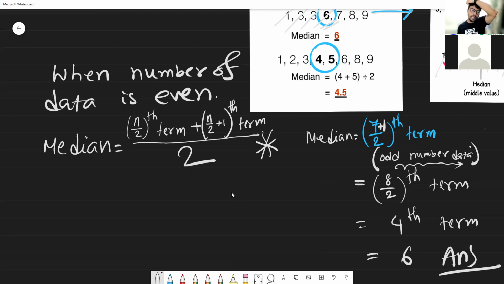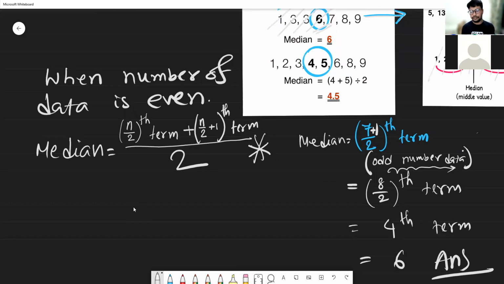This is the formula of the median when the given number of data is even, where n is an even number. Now write the formula. Okay, it's a little bit harder than the odd number formula.